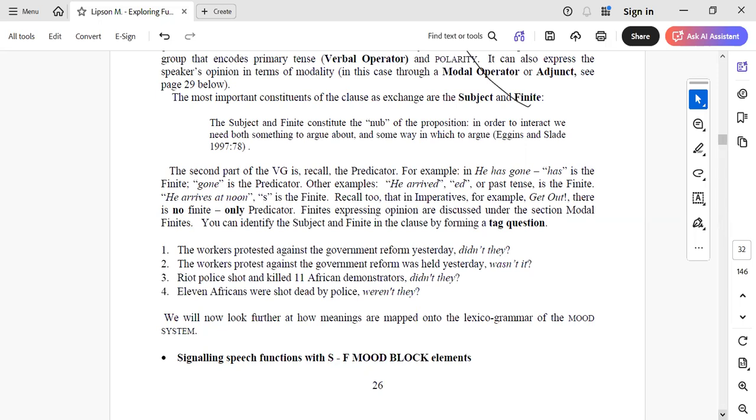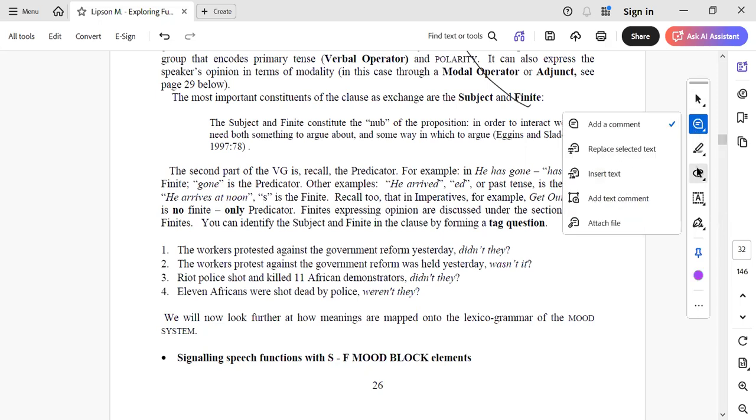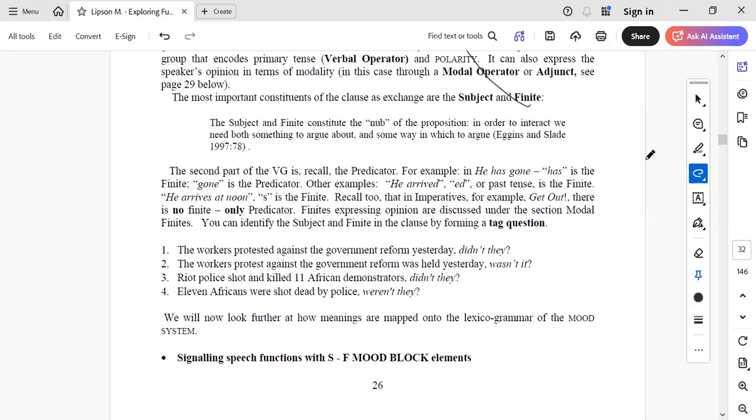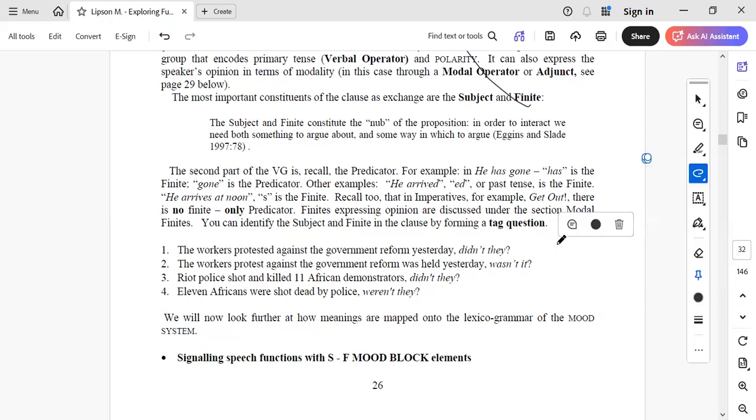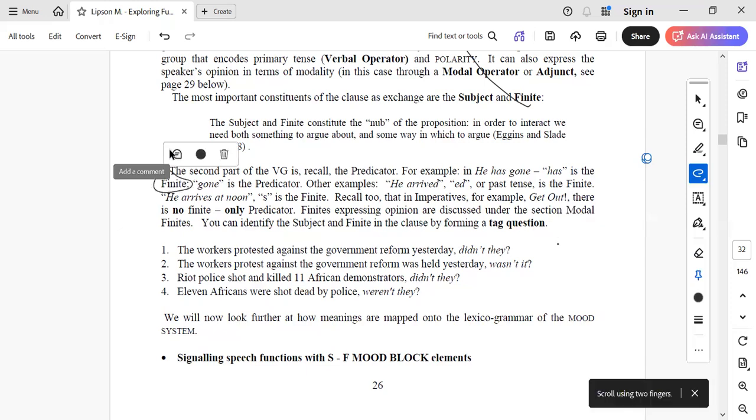Now, there are a couple of things you need to keep in mind here. For example, let me use the pen here. First of all, you need to differentiate between finite and predicator.